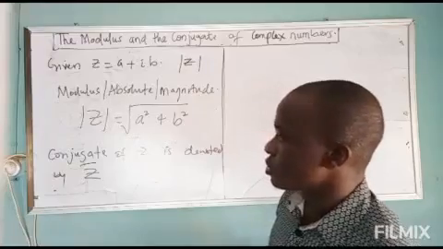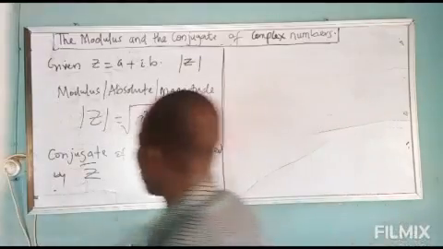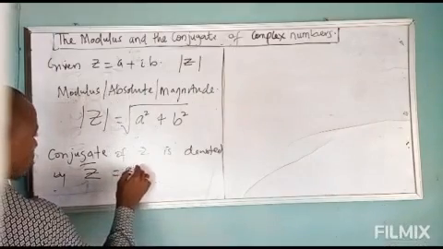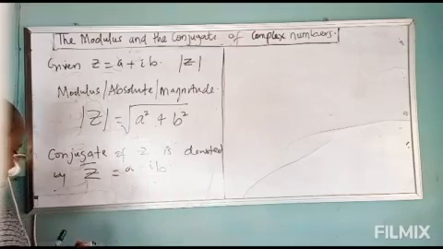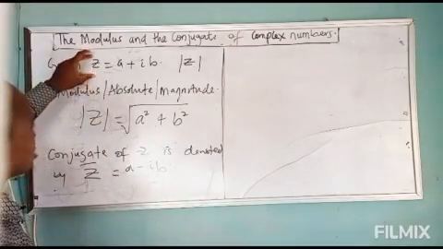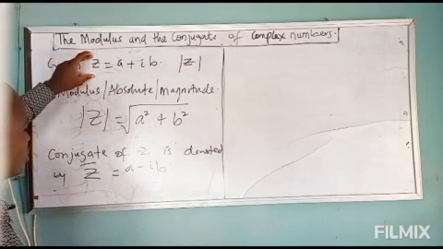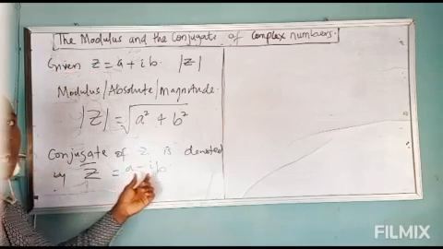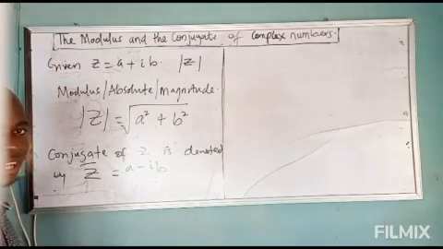Are you getting it now? So if you have z equals a plus ib, the conjugate of z will be a minus ib. The complex conjugate of this z is a minus ib. Are you getting it now?